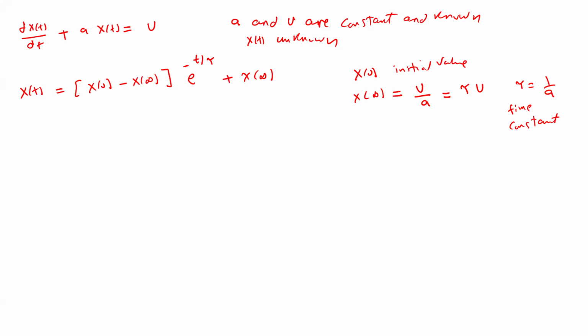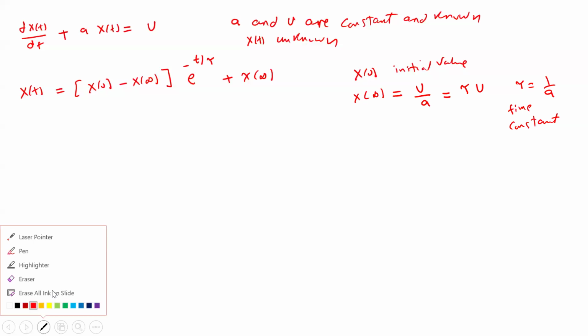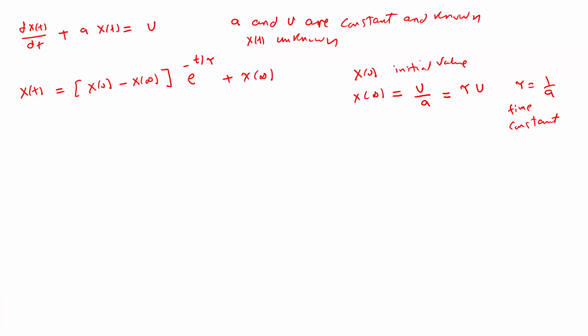So this is the solution of this equation, and the way you can see the solution is, this part here is the steady state response, okay? And this one here is the transient response. Why?